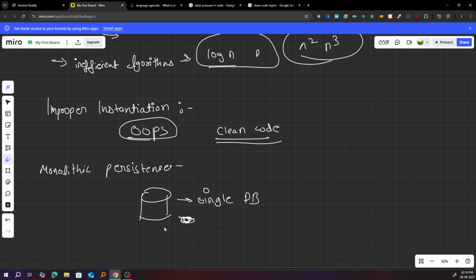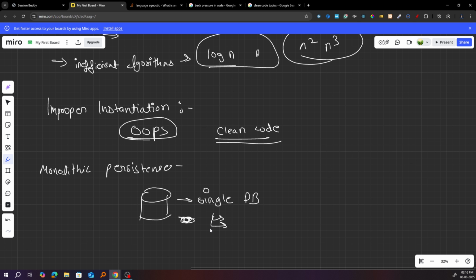But if the website is complex, there is a backend, a front end, and other services like microservices, then we should go with a polyglot approach, where we can use multiple DBs for different requirements. Using a single DB will not be that flexible, and complexity will increase, and so on, right?